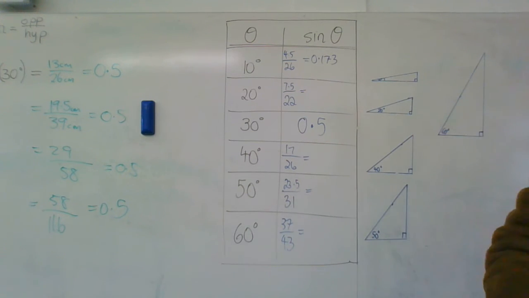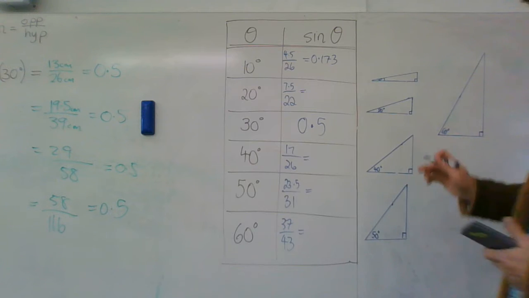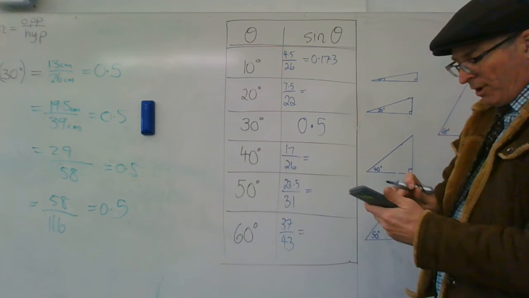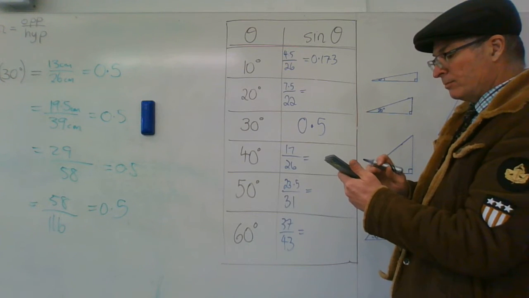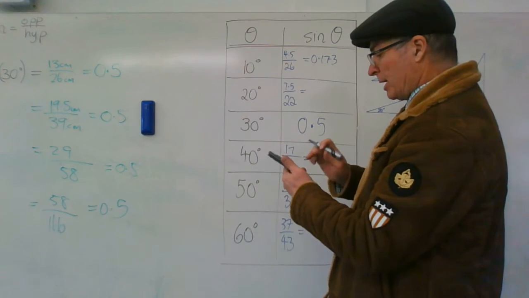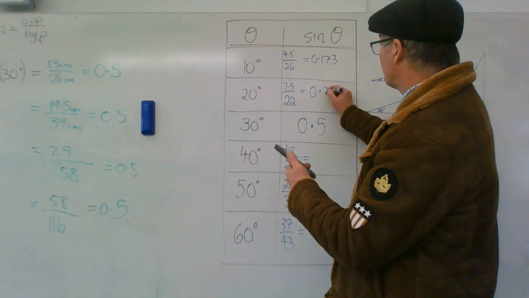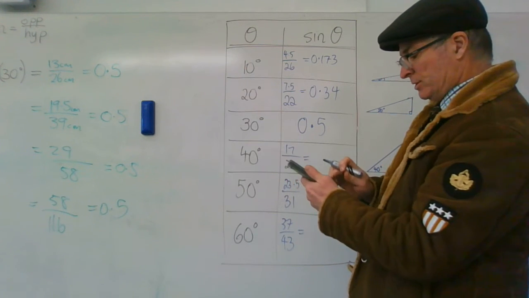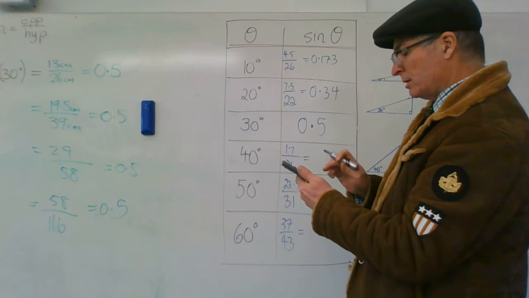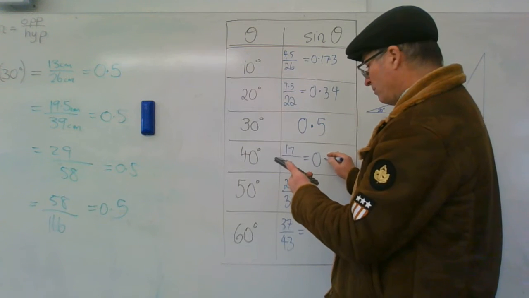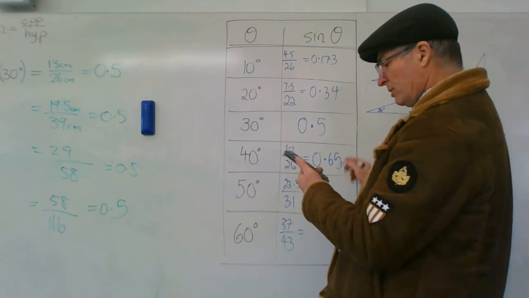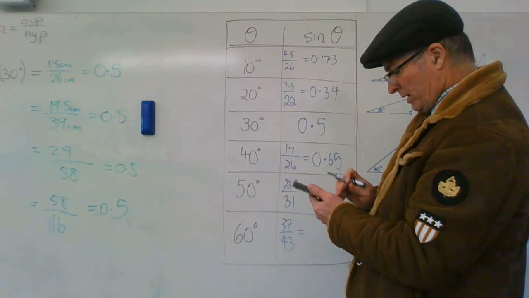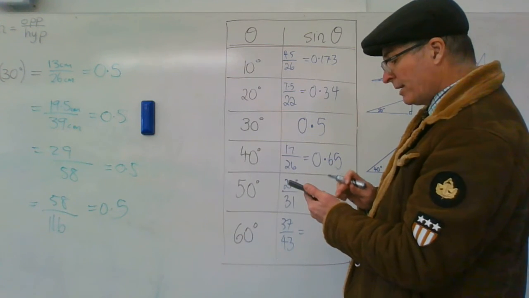So I can put all those into my calculator. 7.5 on 22. And I get 0.34. 17 on 26. And I get 0.6538, whatever. And then I get 23.5 on 31.